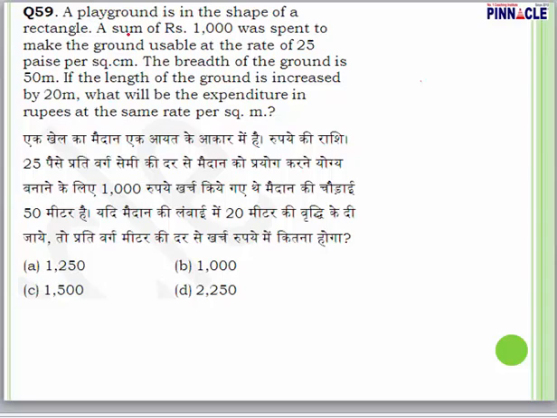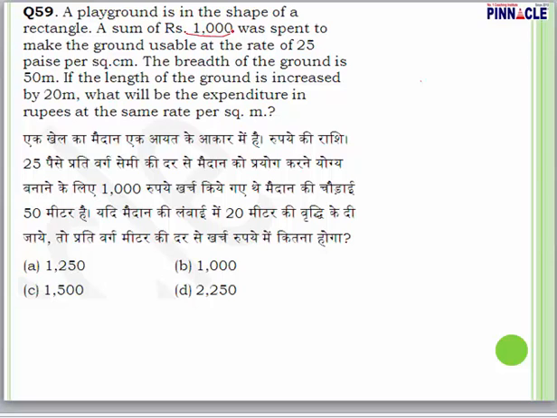Here in this question, a playground is in the shape of a rectangle. A sum of 1000 was spent to make the ground usable at the rate of 25 paisa per square meter. The breadth of the ground is 50 meter. The length of the ground is increased by 20 meter. What will be the expenditure in rupees at the same rate per square meter?